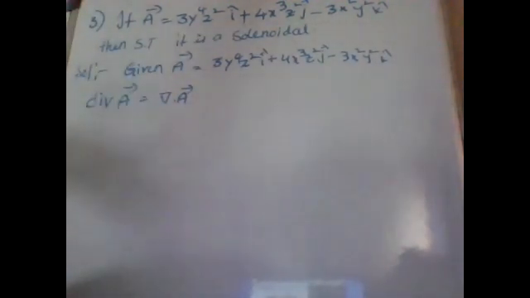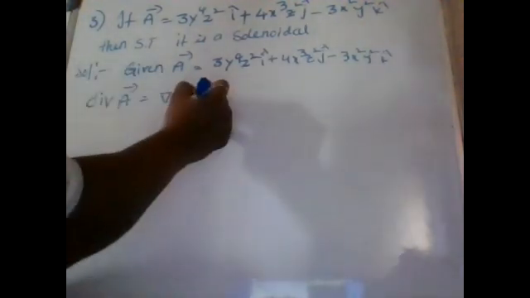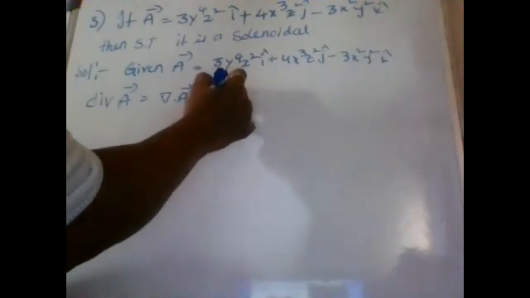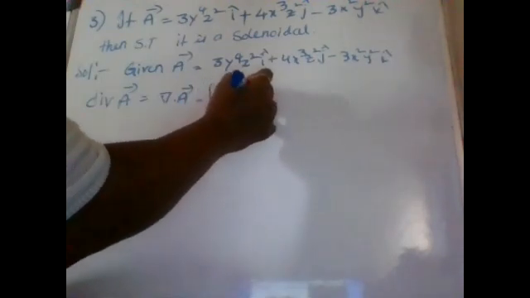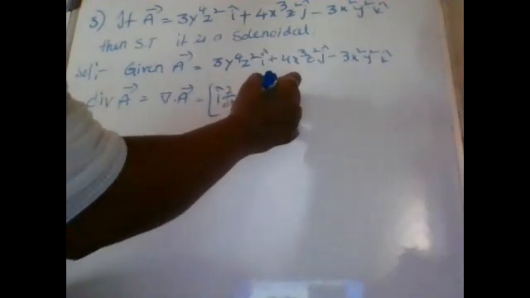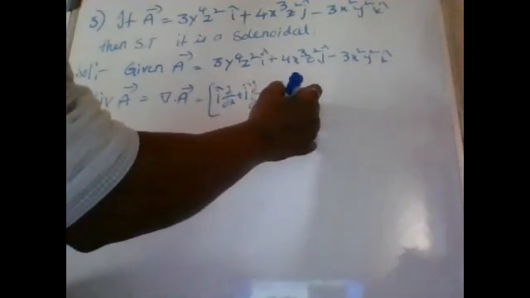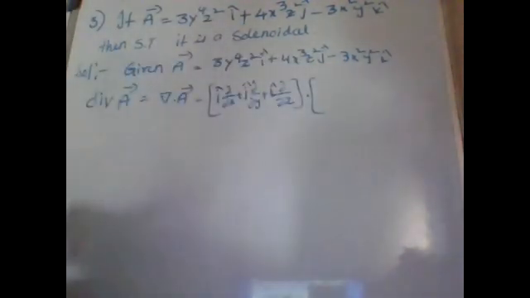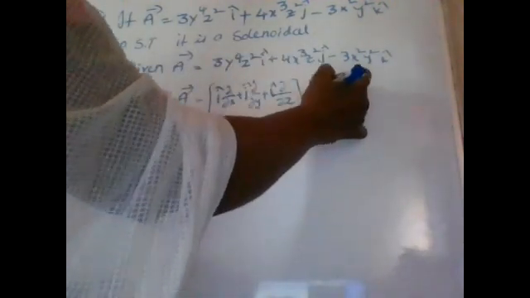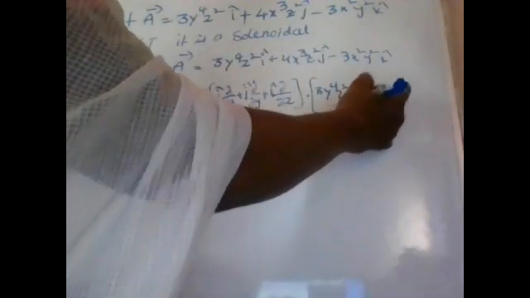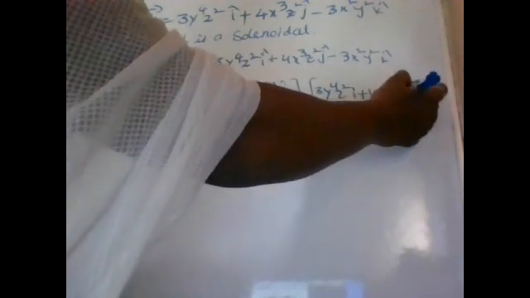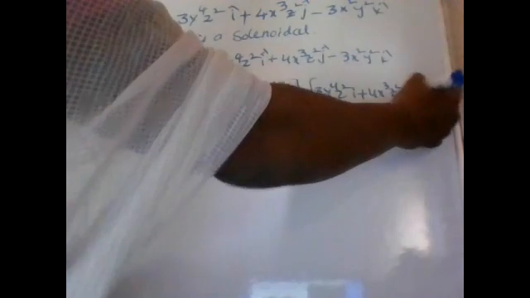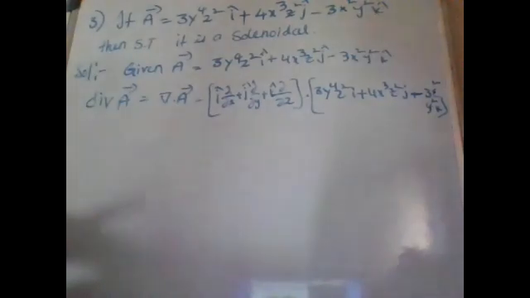What is the del operator? Del equals i ∂/∂x plus j ∂/∂y plus k ∂/∂z, dotted with A bar. The given vector is 3y⁴z² i plus 4x³z² j minus 3x²y² k.